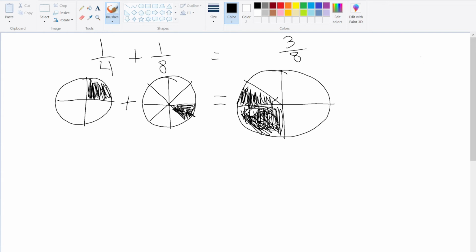So now we have to talk about something called a common denominator. Once a slice of pizza has been cut in half, there's nothing I can do to remove that cut. The cut's already there. What I can do is add the cuts together.